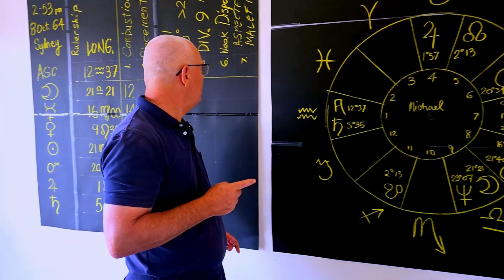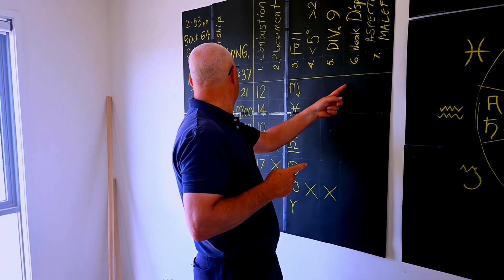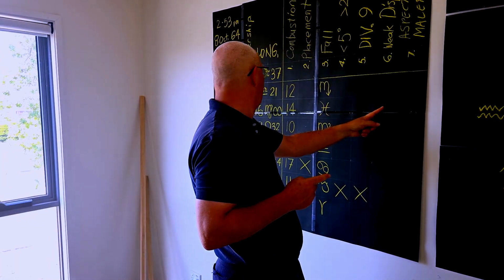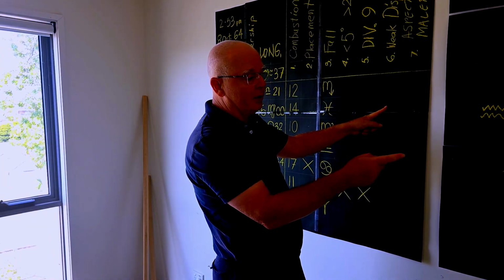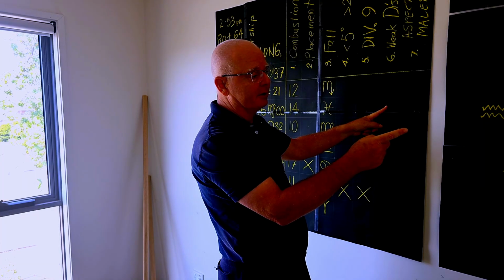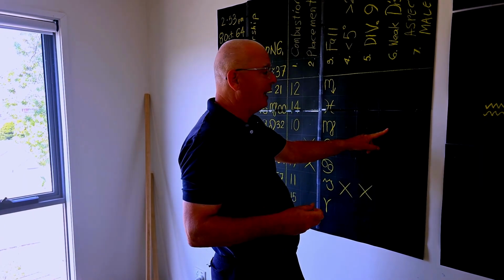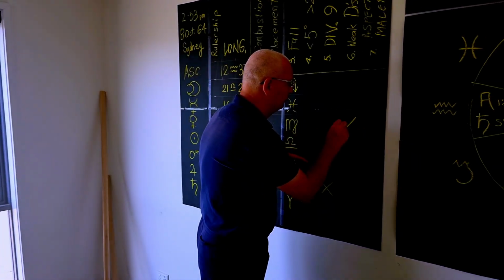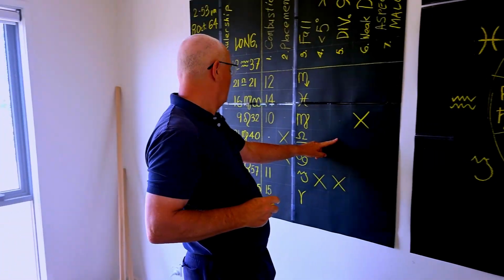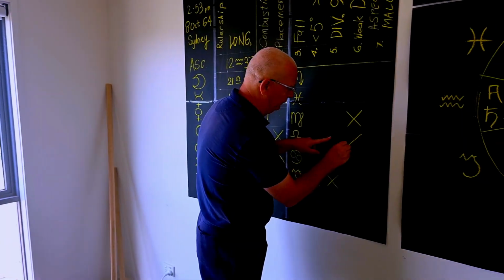So here, weak dispositor. Mercury's in its own sign, so it doesn't count. Venus has a weak dispositor. The sun has a weak dispositor.